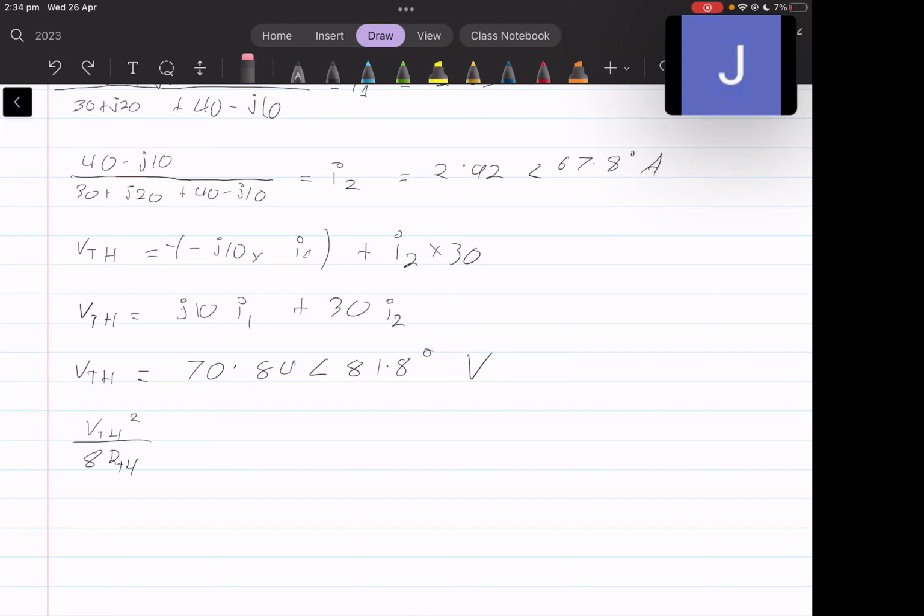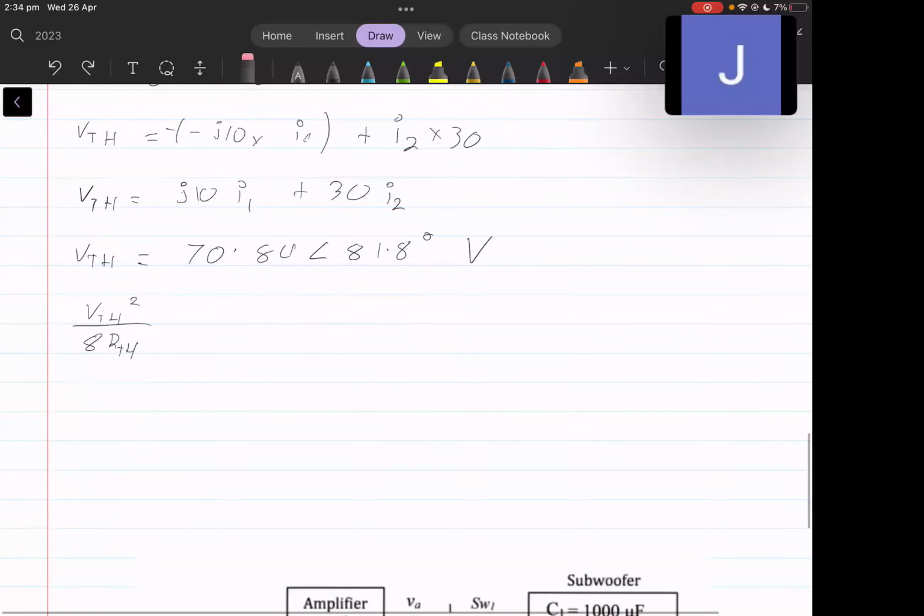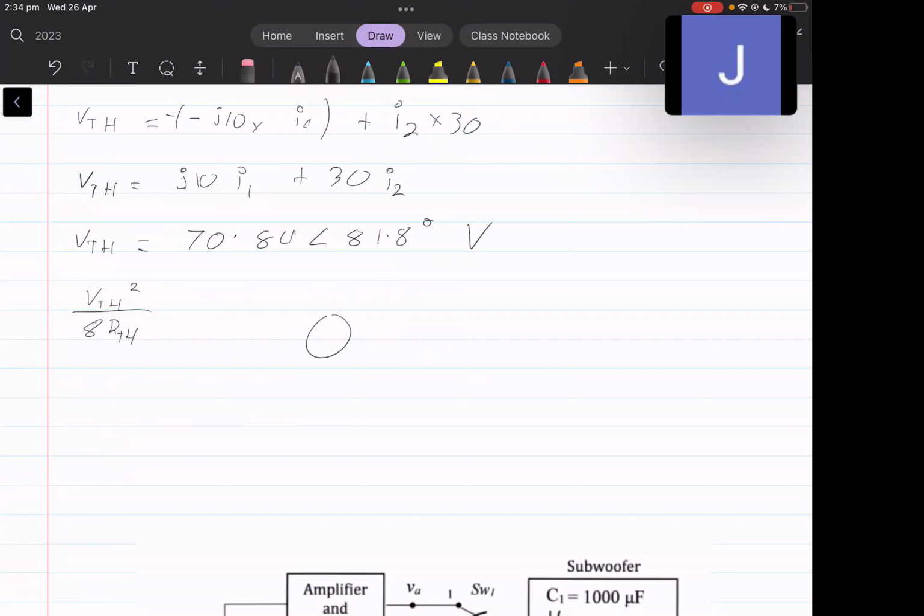But if you don't remember that, all you have to do in the exam is just think back and draw the circuit again. So in this case, we had 20 ohms, and this is 70.